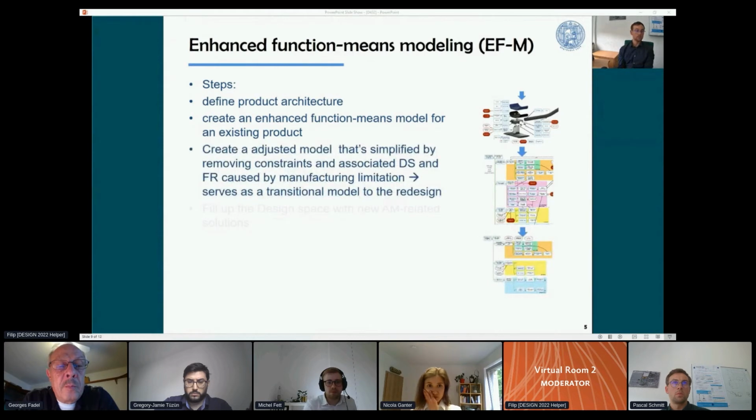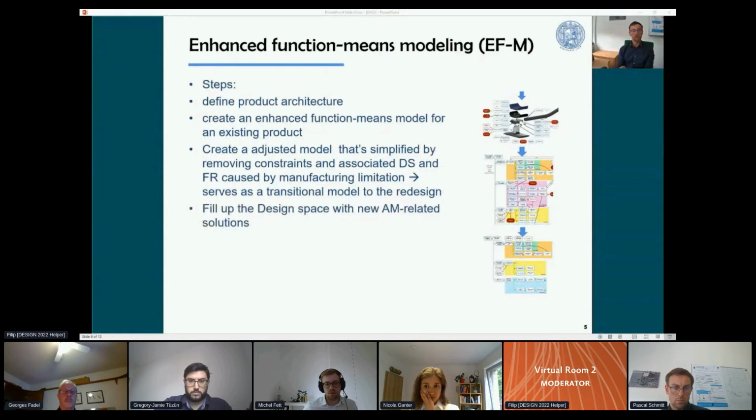Third, create an adjusted model that's simplified by removing constraints and associated design solutions and functional requirements that are caused by original manufacturing limitations. This serves as a transitional model to redesign and makes the design space visible. And the last step is to fill up the design space with new AM-related solutions.